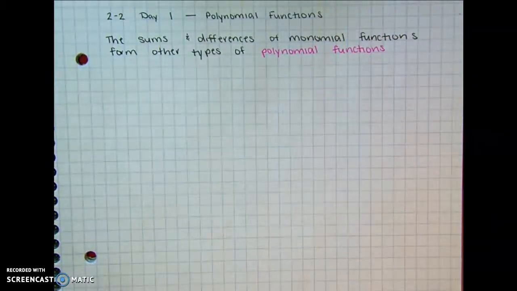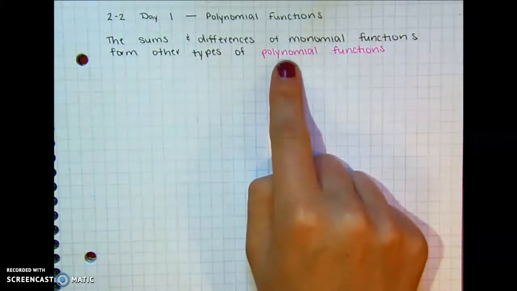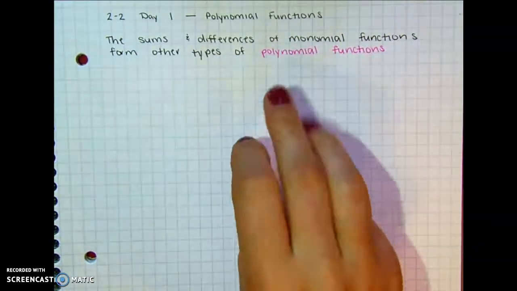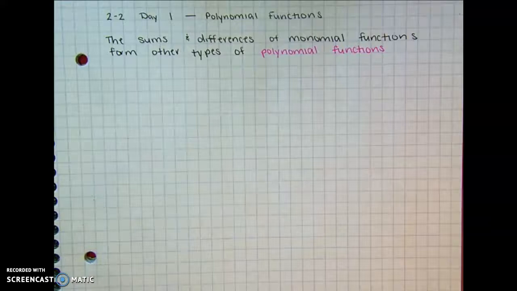Right, so quadratic is a polynomial function made up of three monomial functions, right? X squared, x, and a constant.